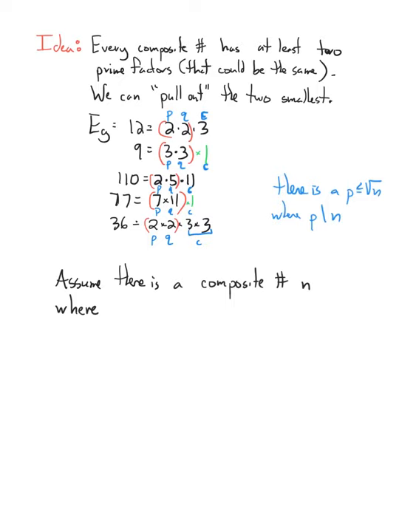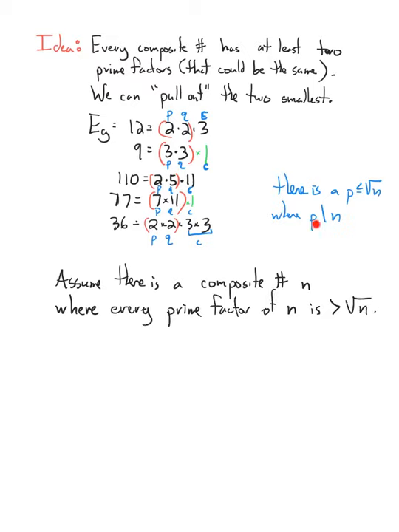So if we want to say that the then part is false, that means that for all primes p, they don't divide. So in that case, every prime factor of n is greater than the square root of n.